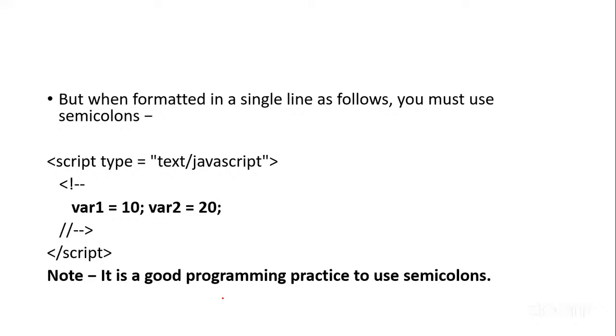In such cases, writing the semicolon is compulsory. Variable 1 assignment 10 is one statement. Variable 2 equals 20 is another statement. If you want to write those two statements in a single line, the semicolon is compulsory. Otherwise, it raises an error. But it is suggested to write every statement on a new line. That gives good readability.